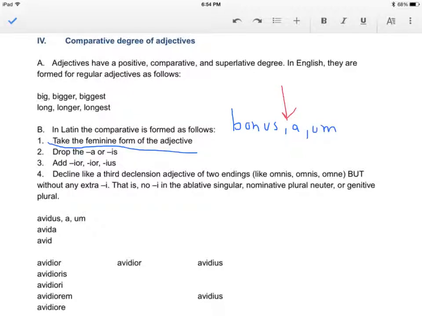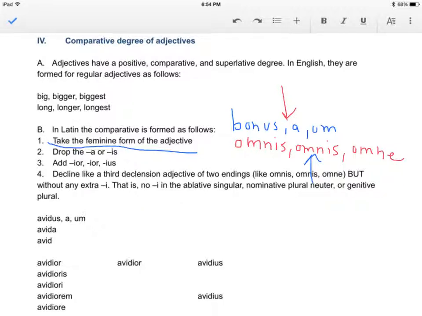That's the safest bet because the feminine form never gets weird the way the other forms sometimes do. Or for the word omnis, omnis, omne, even though the masculine and feminine forms happen to be the same, always stick with the feminine form, because you can never get it wrong.